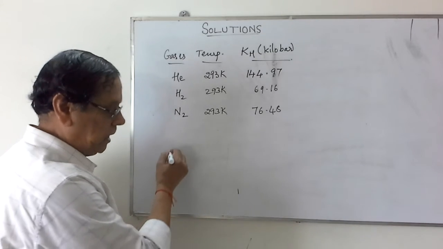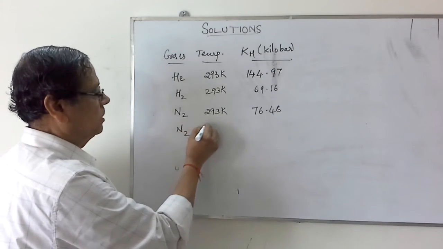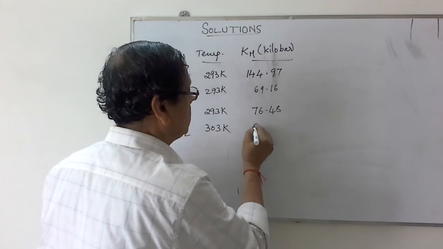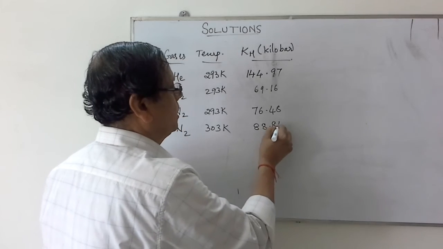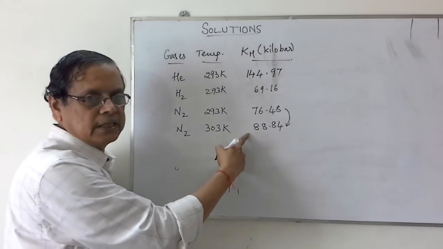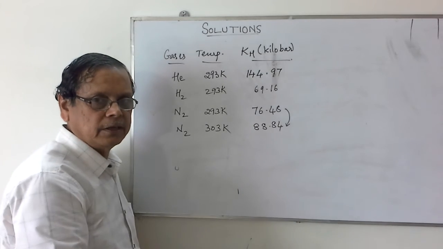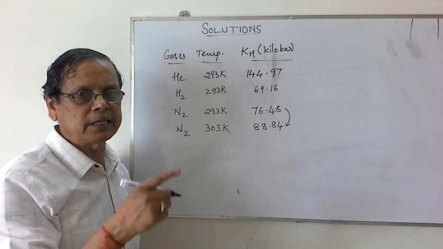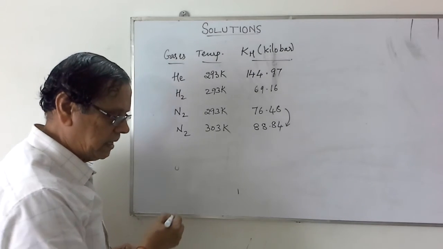Similarly, if you take nitrogen at a higher temperature, 303 Kelvin, its value is 88.84, which means that as the temperature increases, the KH value increases and solubility decreases. That we have already studied in the previous video on the effect of temperature on the solubility of the gas.